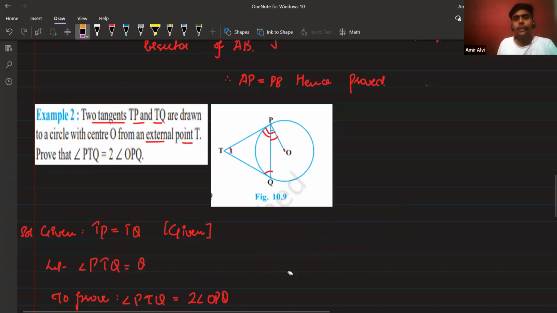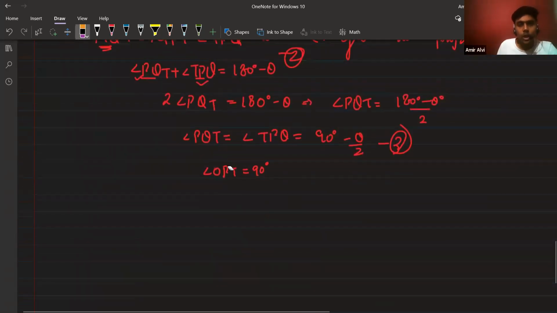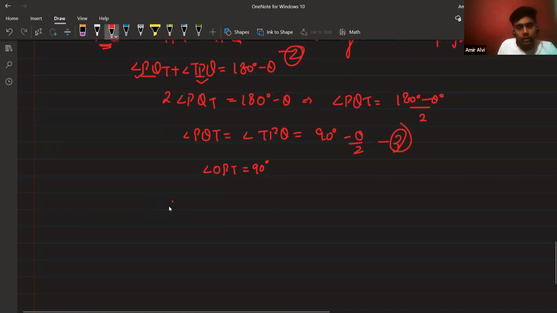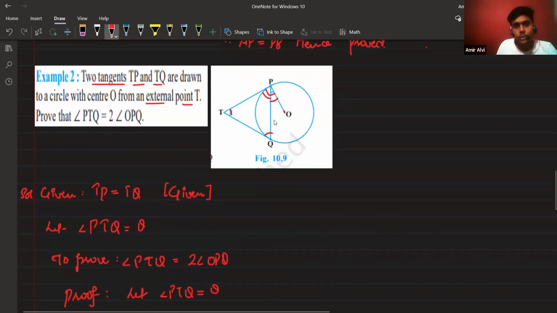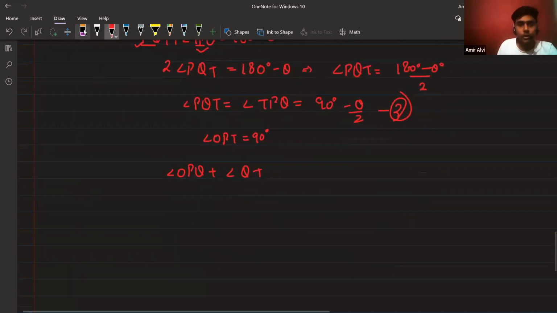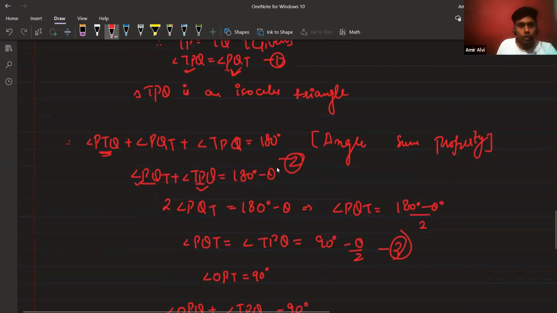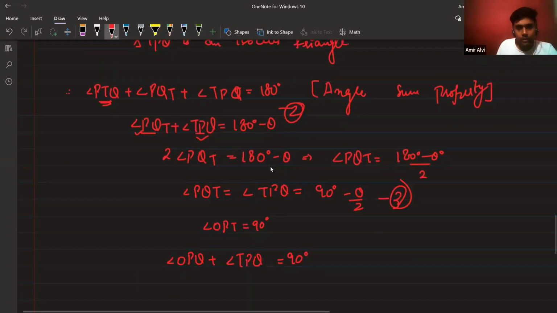So let me write that here. I can write angle OPQ plus angle TPQ is equal to 90 degrees.